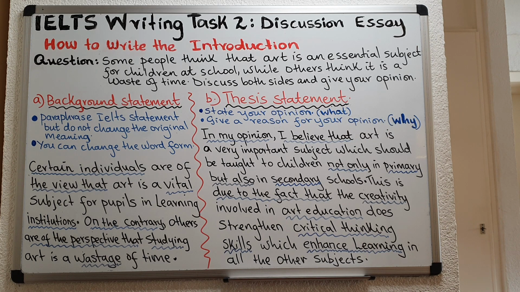I have put a full stop to divide the two opinions. So the first opinion, I have written as a sentence. And then I'm going to move on to the second opinion, which is while others think it is a waste of time. I will write that as the second sentence.